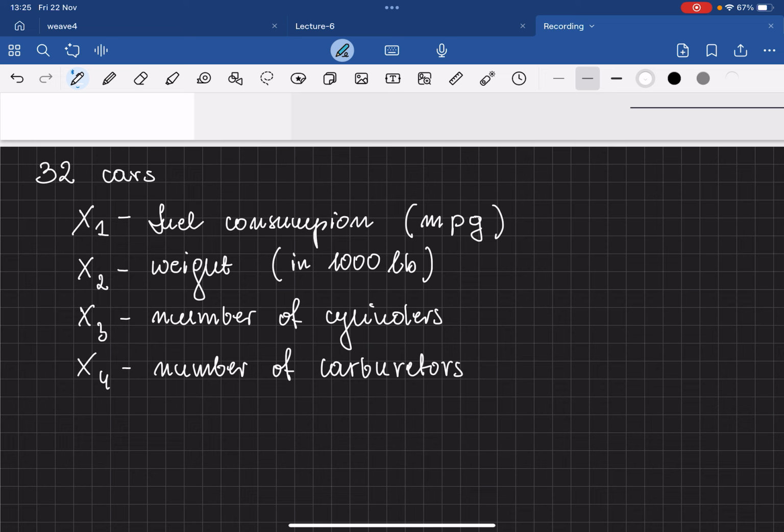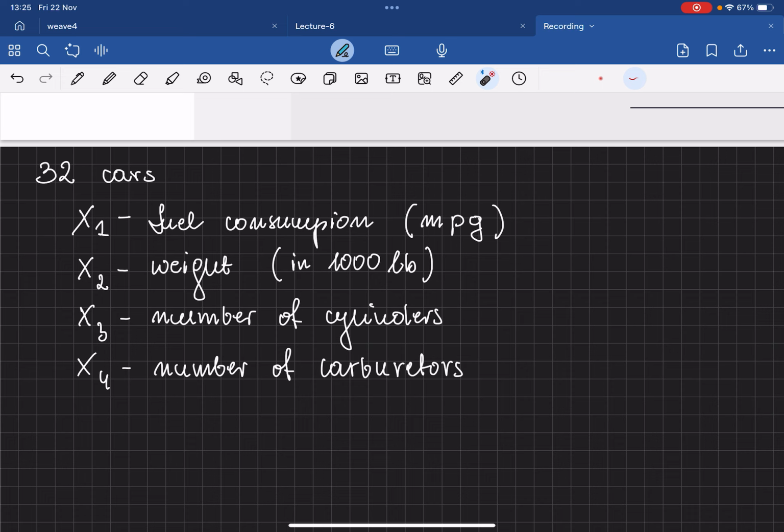Carburetor, po polsku gaźnik. Okay. We want to predict fuel consumption based off the data we have available, which means these four variables.